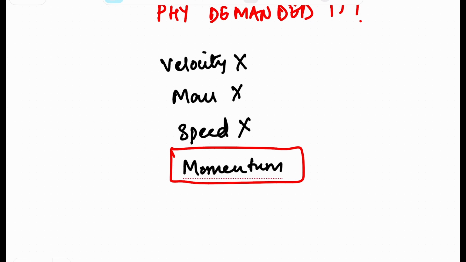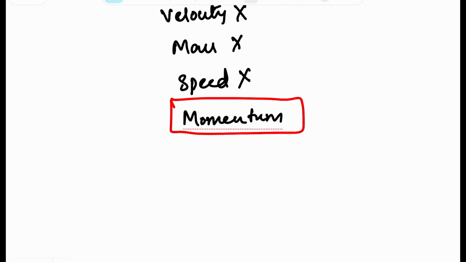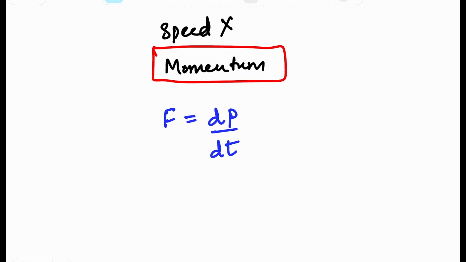And the only quantity left that could measure force when time entered the picture was the rate at which momentum changes. And that is why Newton's equation is written as instantaneous rate of change of momentum.